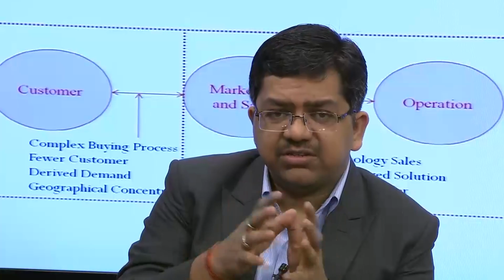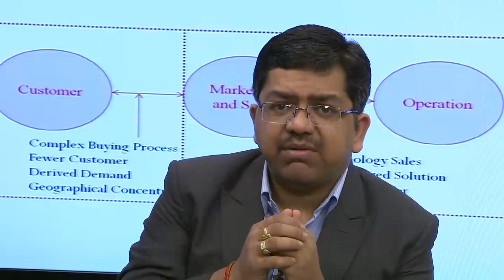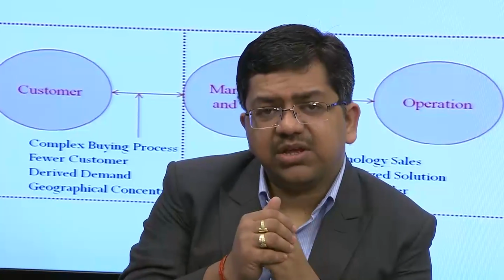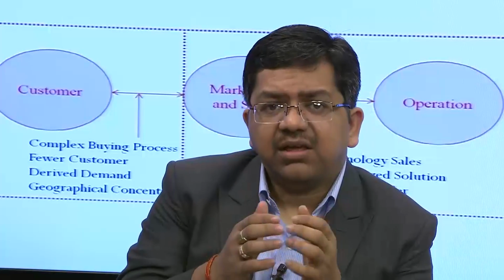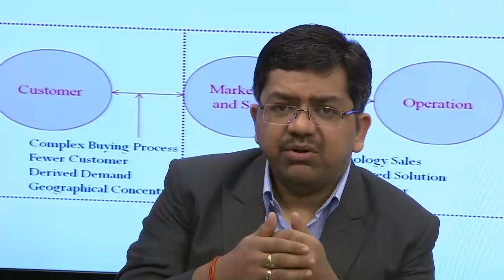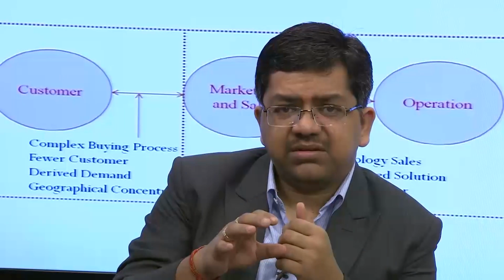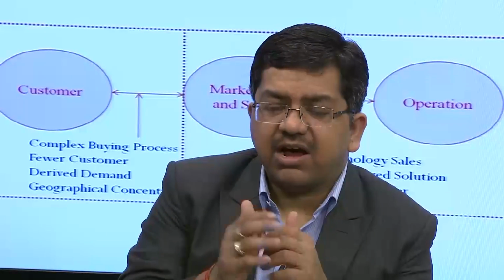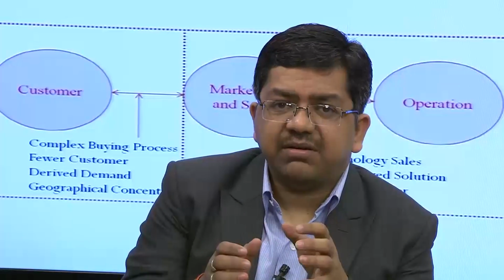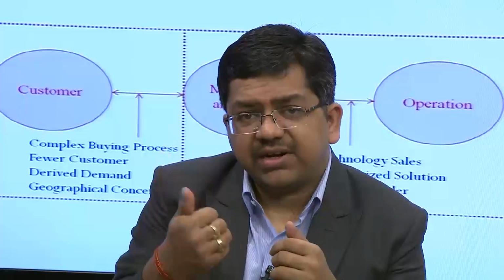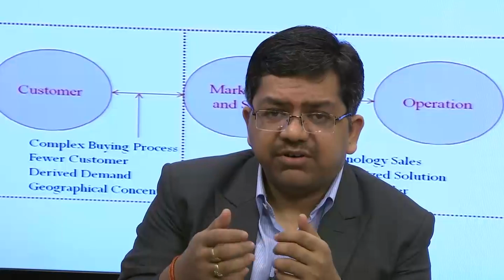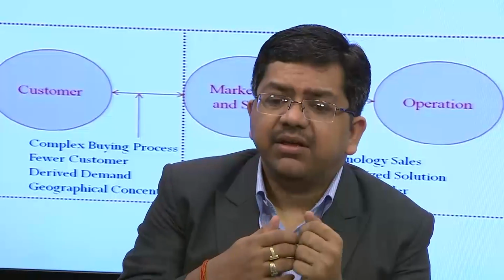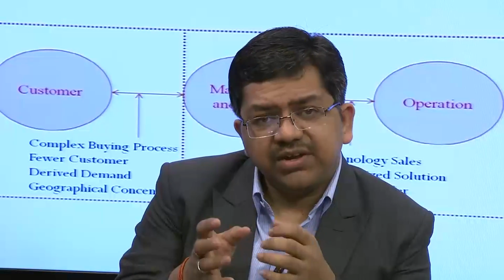Actually, they are inflexible, unlike in B2C market, where I gave you the example that if you do not get a color that you wanted, maybe you will still settle with a number 2 choice in terms of your color. However, an industrial customer will not settle for a different type of valve or a different kind of compressor design. So, that is why it is a very customized market.